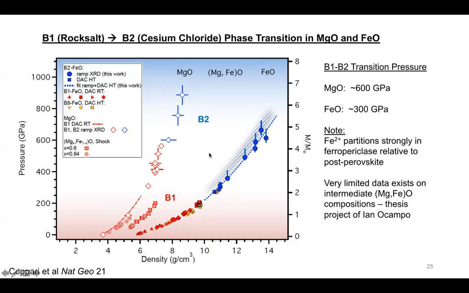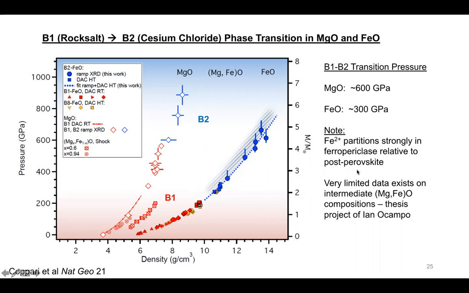In fact, there has really been no work on these intermediate compositions for like 40 years. This is like 40-year-old data. So Ian Ocampo, who's a grad student at Princeton, is working on intermediate MgFeO compositions for his thesis. I'm not going to show any of that data today, but just to emphasize the importance of these intermediate compositions.